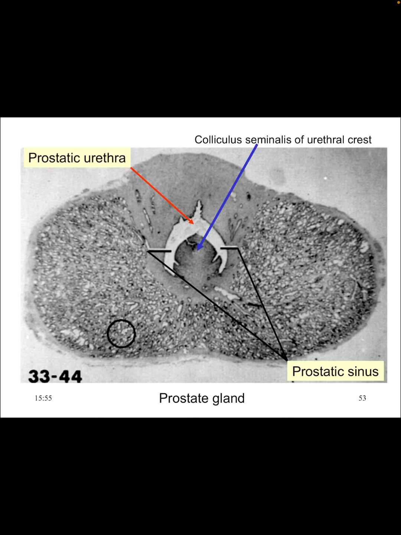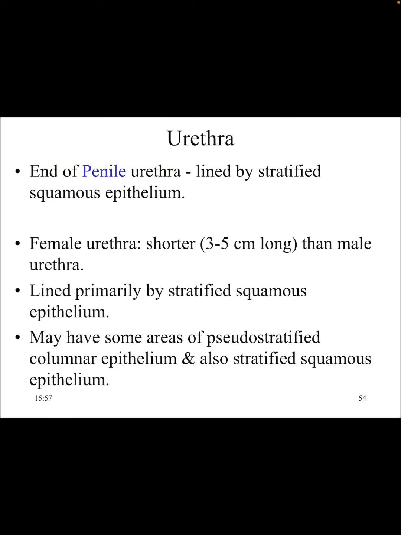This is the area of the urethra inside the penis, and outside we can see all of these structures, which is the area of the prostate. So this portion of the urethra we call the prostatic urethra. As I said, the end portion of the urethra is lined by stratified squamous epithelium.